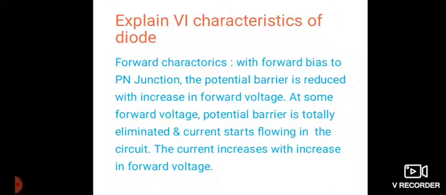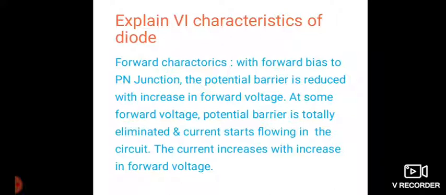Forward bias means the positive terminal of the battery is connected to the P type of the diode and the negative terminal of the battery is connected to the N of the diode. The P layer of the diode is connected with the positive of the battery, and the N layer of the diode is connected to the negative of the battery. Simply, connecting positive to positive, negative to negative is forward bias.